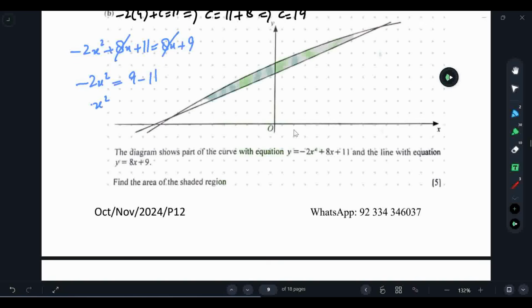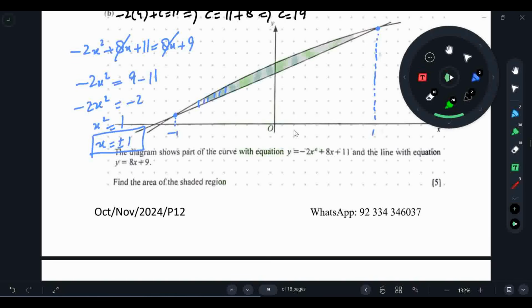So x square will be equal to 1, which means x will be equal to plus minus 1. So we know that this point should be minus 1 and this point should be plus 1.